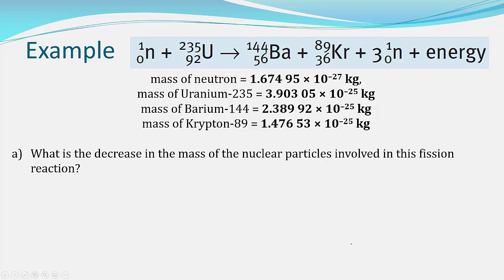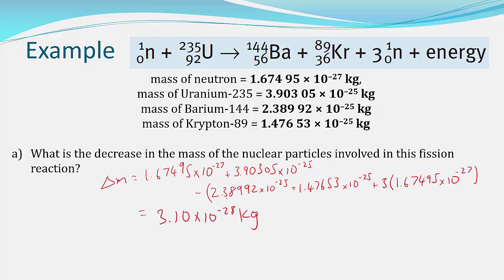So to solve this, what we want to do is just find the mass defect, or the mass difference, the same way we would find it at any other time. So we have the mass of the neutron, 1.67495 times 10 to the negative 27. And we're going to add onto that the 3.90305 times 10 to the negative 25. And we're going to subtract from that the mass of the products.